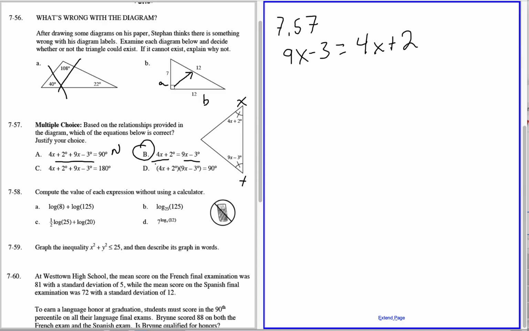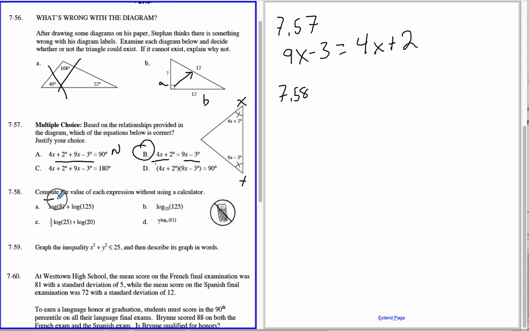Okay, 58, cruising right along. So this is the stuff we did last, 7.1 to 7.4, okay? We're condensing or expanding our logs.